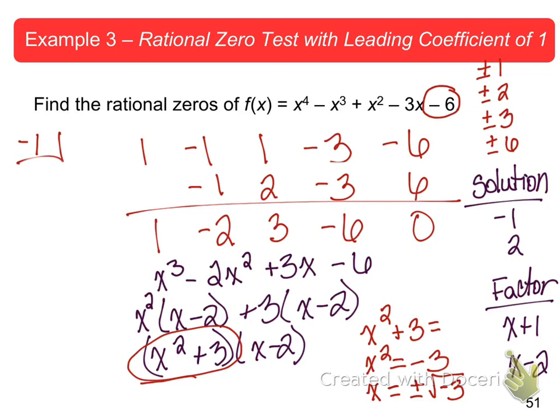I. So I have plus or minus i times the square root of 3. These are solutions. So I have i square root of 3, and negative i square root of 3. Okay? So I have 2 rational and 2 imaginary solutions. Does that fit with my x to the 4th?